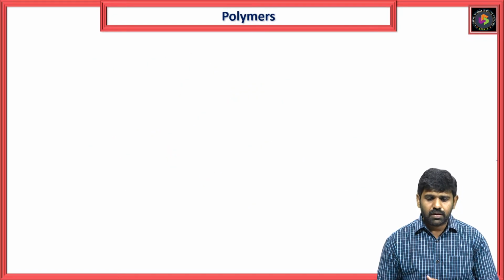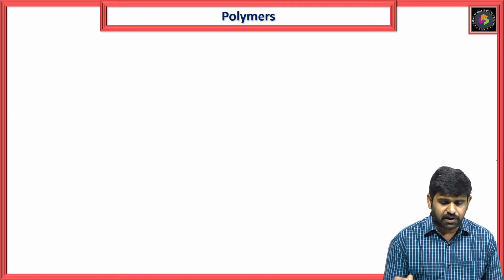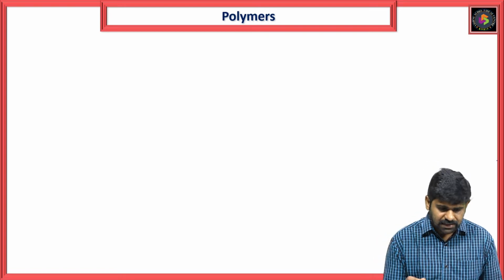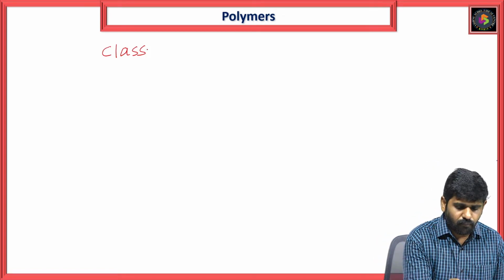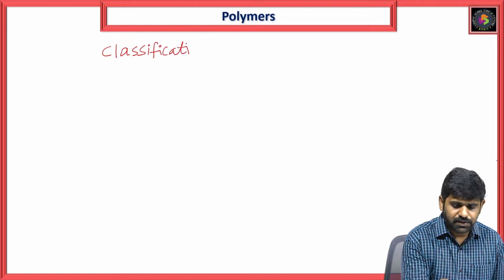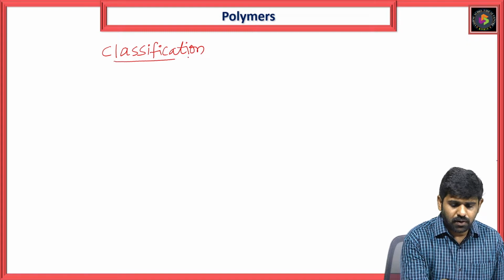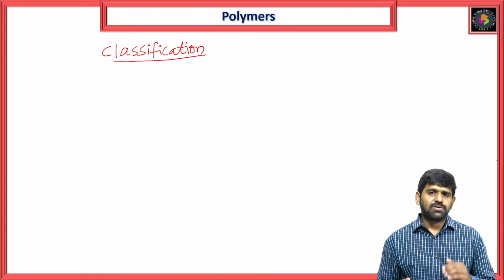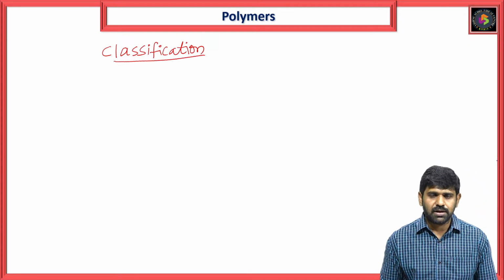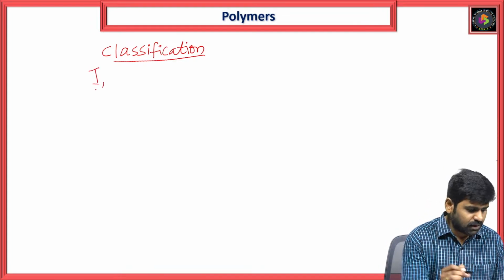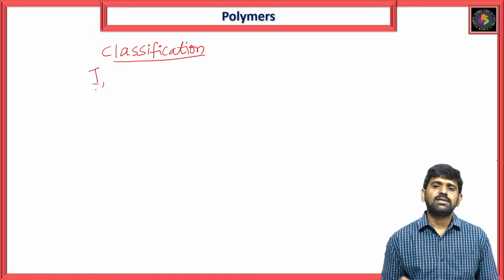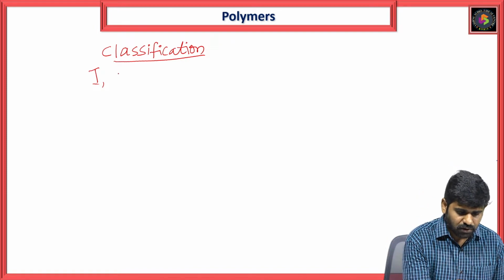Next, classification. Now we'll discuss classification. Polymers can be classified in several ways. Classification number 1 is based on structure.